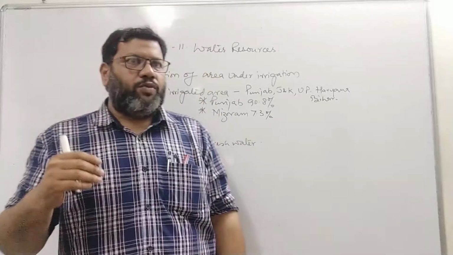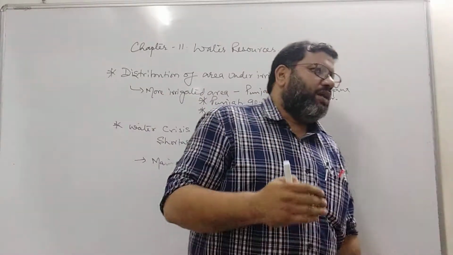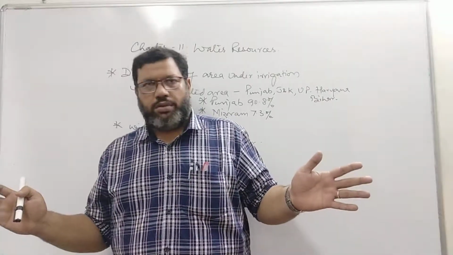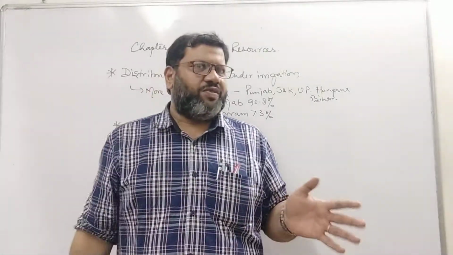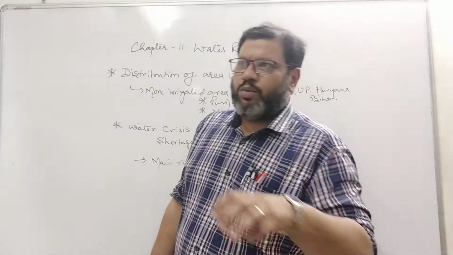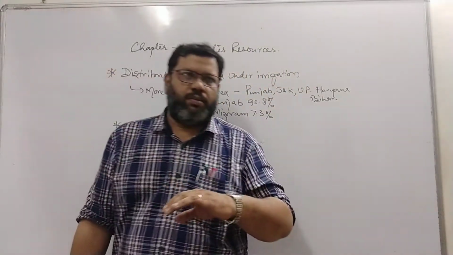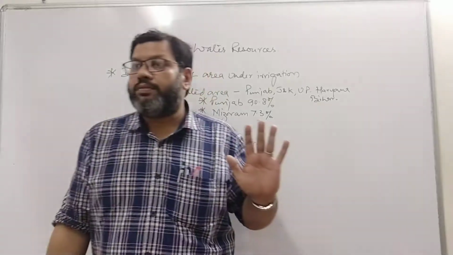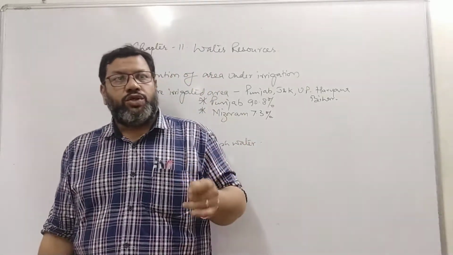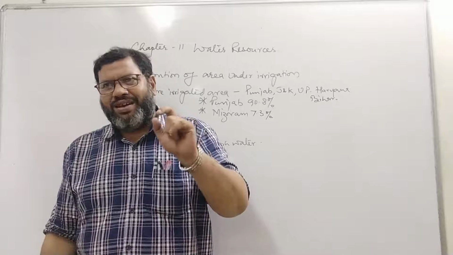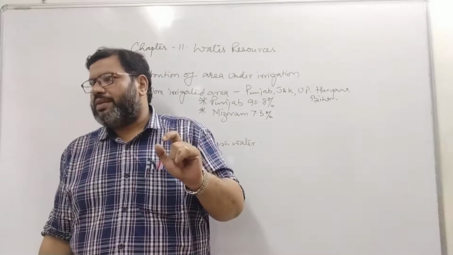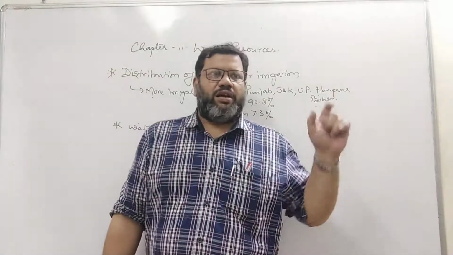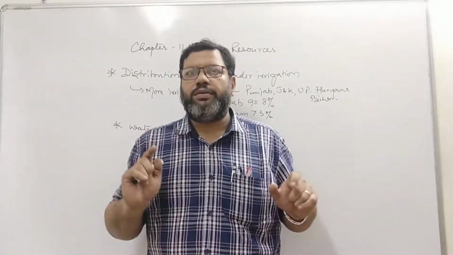If we start with the amount of water available on planet Earth, it is huge. 70% plus of the area is covered under water. We're talking about oceans and seas and glaciers or whatever it is. But the usable amount is very little, and we cannot survive without fresh water.